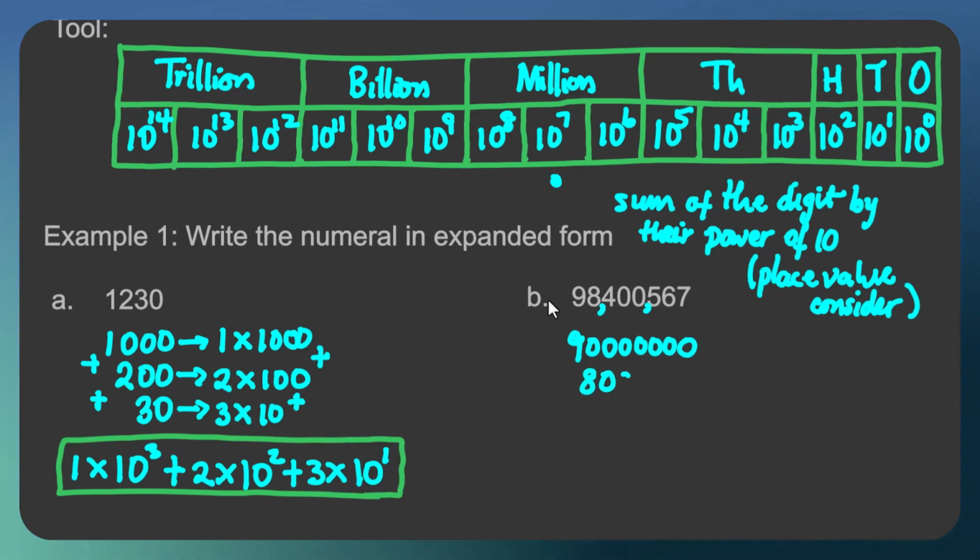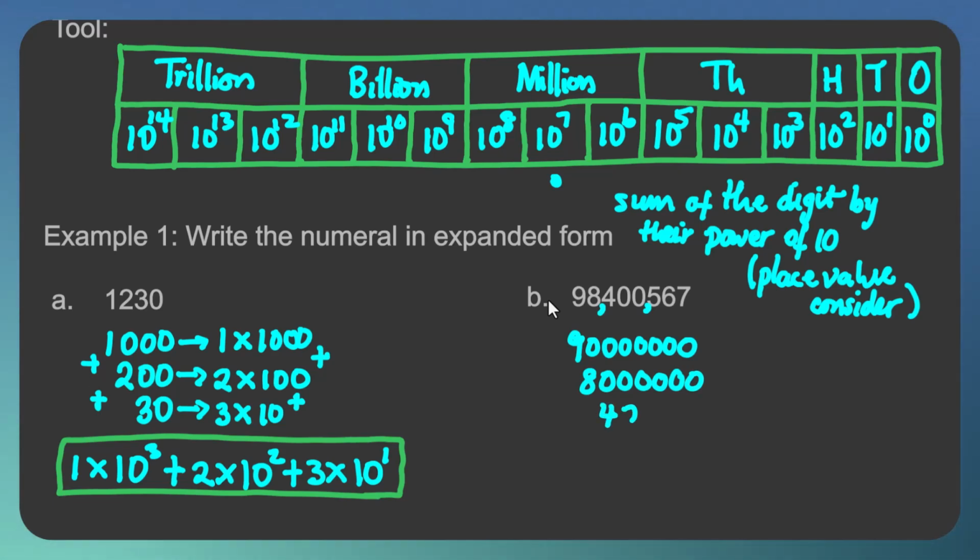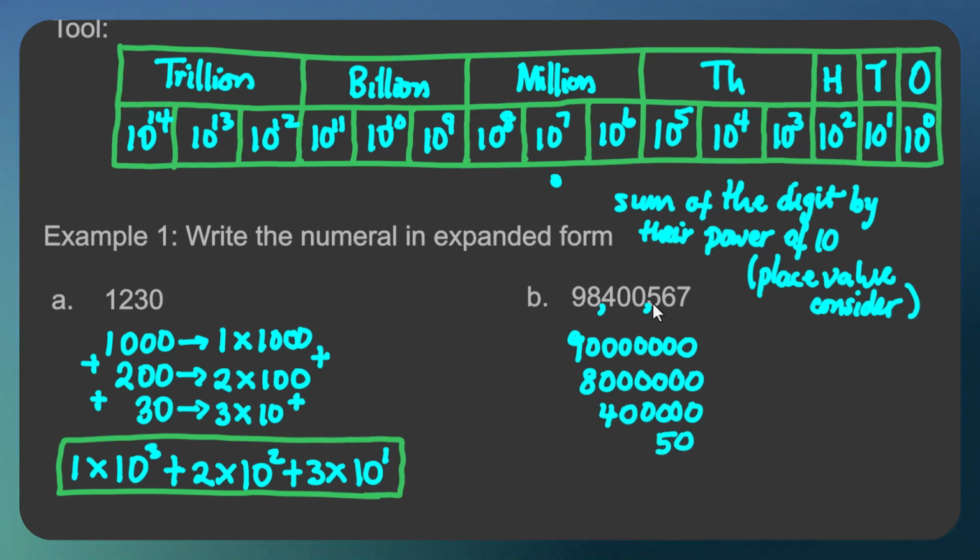Our 8 has 6 zeros, and this is followed by our 4, which has just 5 zeros, and our 10,000 and 1,000 have zeros as their digits, so that means we cannot write them down here. Next we have our 500, in this case with 2 zeros after it, our 60 with 1 zero, and our 7 with no zeros.